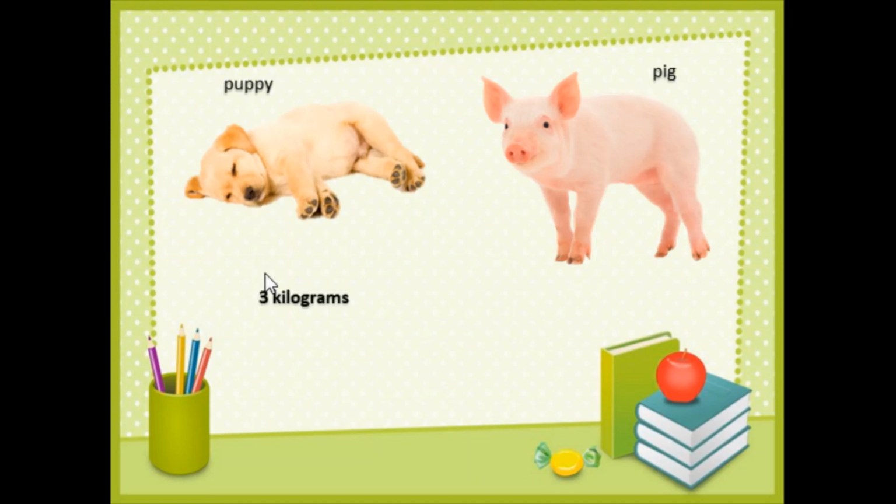It's 3 kilograms, for example. And then, the pig is 7 kilograms. Estimated, okay? The puppy weighs 3 kilograms. The pig weighs 7 kilograms.